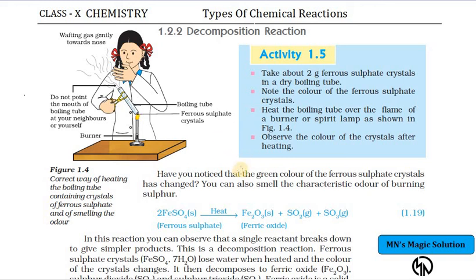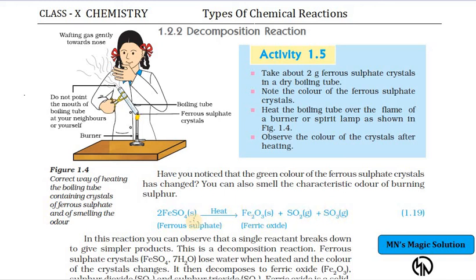The next idea is about decomposition reactions. In a decomposition reaction, you take one compound and apply energy to it, and it decomposes or splits into more than one element or compound. If you look at FeSO4, ferrous sulfate, when it is heated, you get ferric oxide, sulfur dioxide and sulfur trioxide. The LHS, the reactant side, is only 1 in number, whereas in the product side, 3 compounds are there.